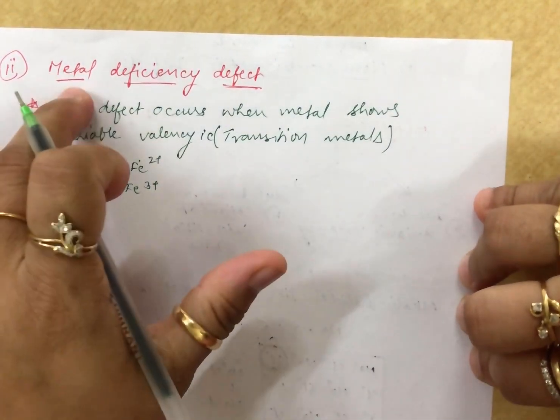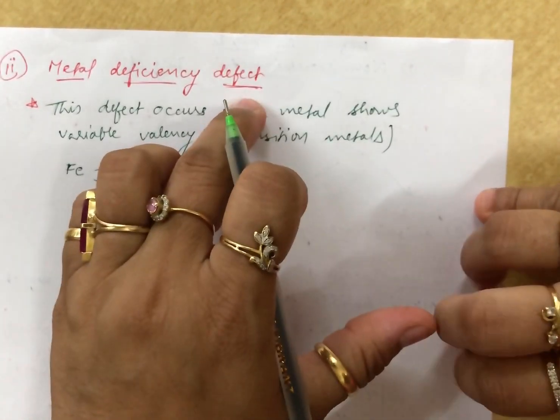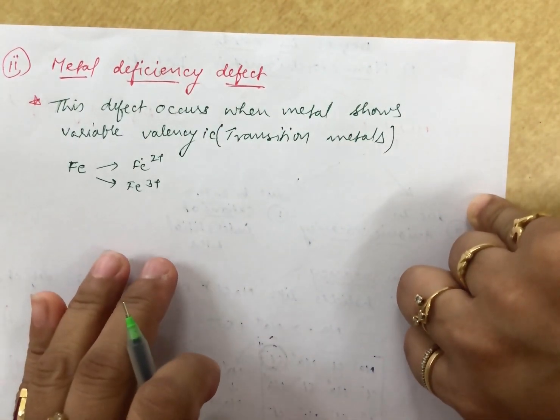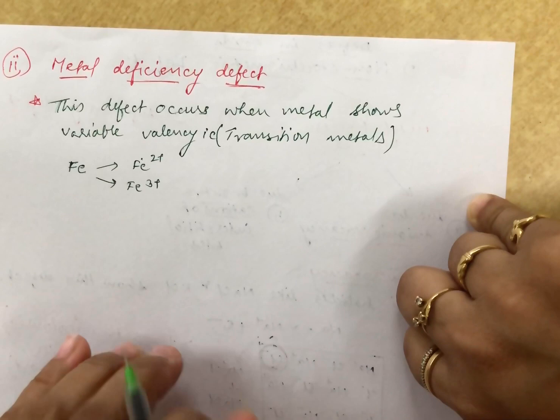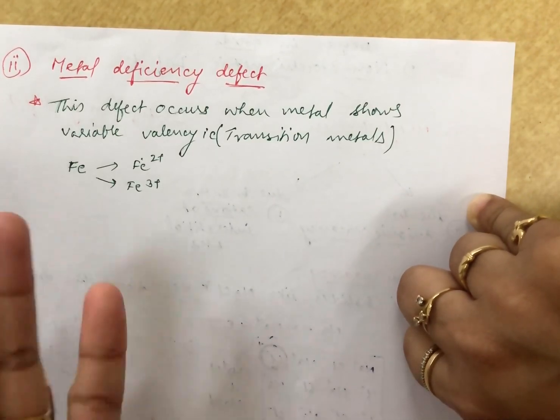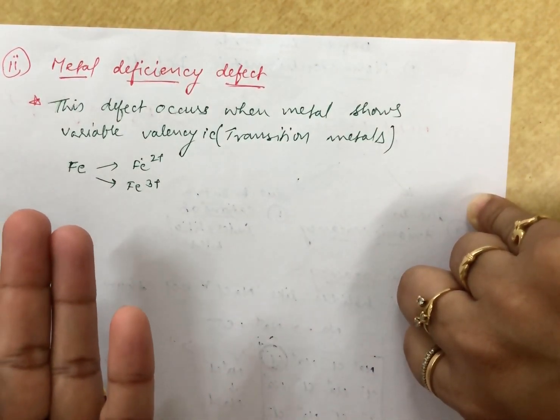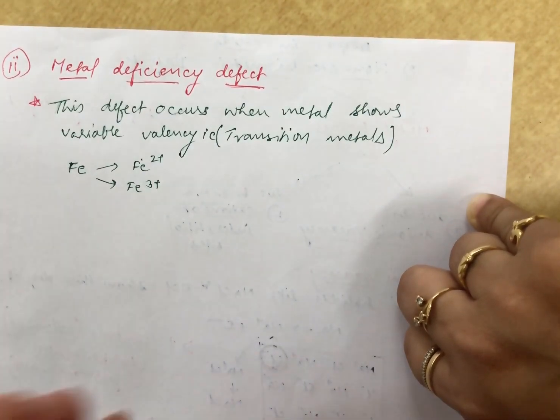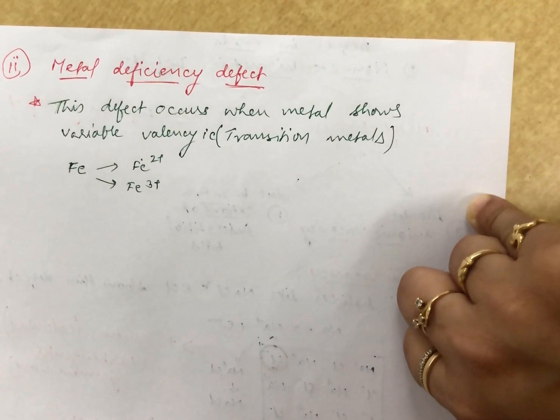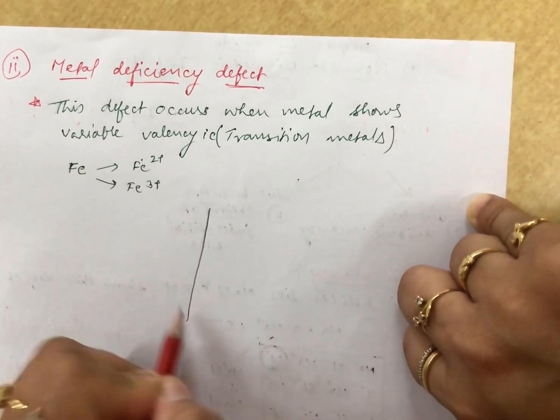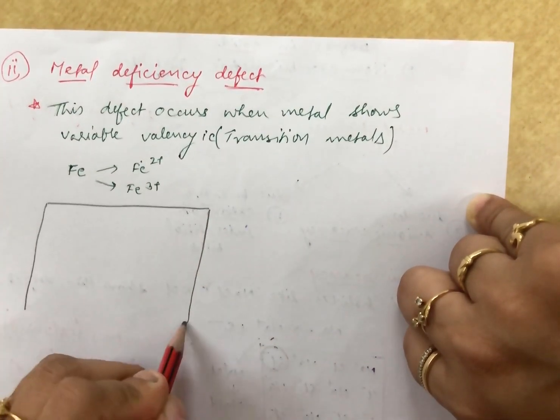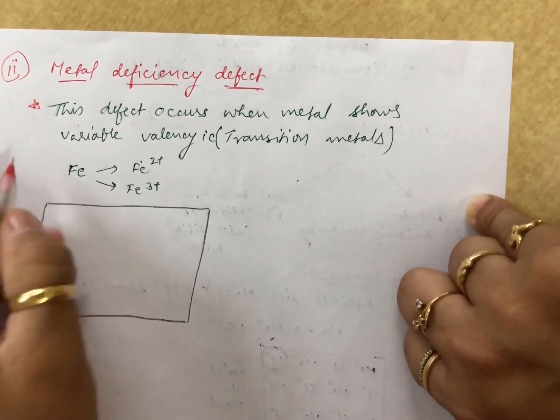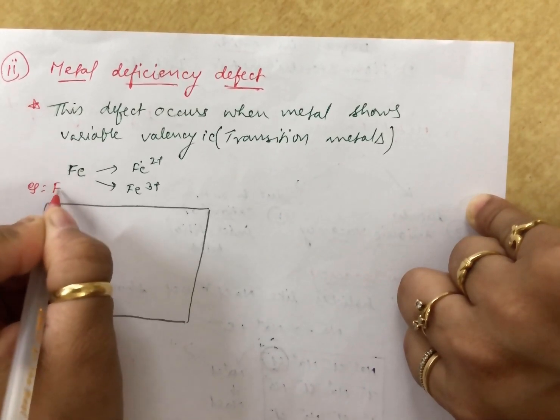So usually this type of metal deficiency defect is observed in such cases where the metal shows variable valency, and this defect occurs due to missing of a cation from its lattice site and the presence of a cation having higher charge. So let me try to explain what I just stated. Suppose I take an example of FeO.